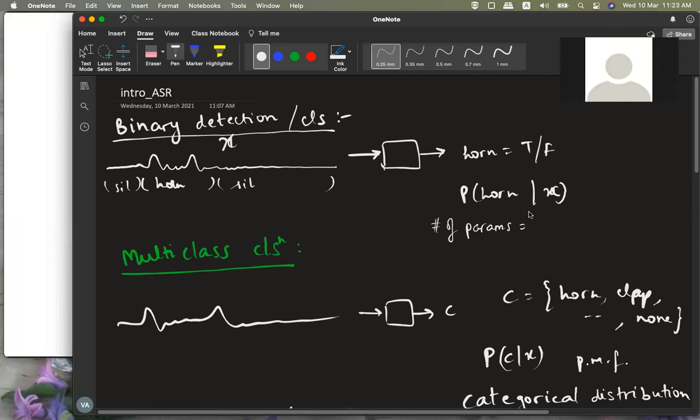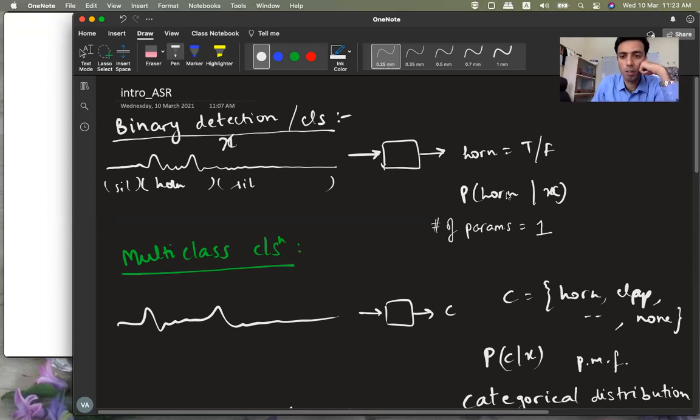One only. Because probability of horn equal to true is some P1, probability of horn equal to false is some P2, but the sum of P1 plus P2 is 1. So we get only one parameter.